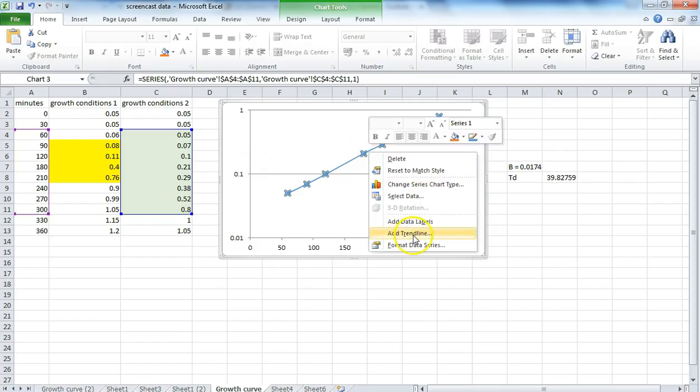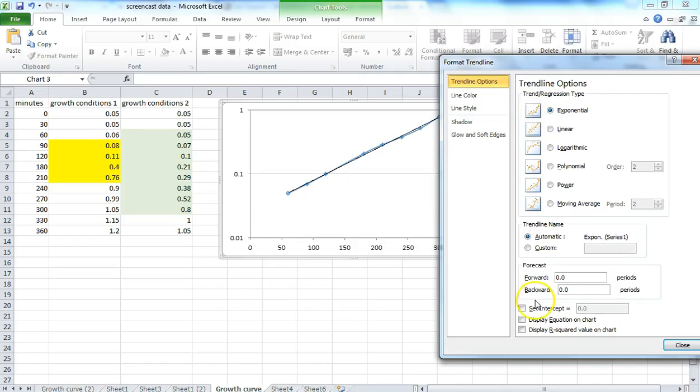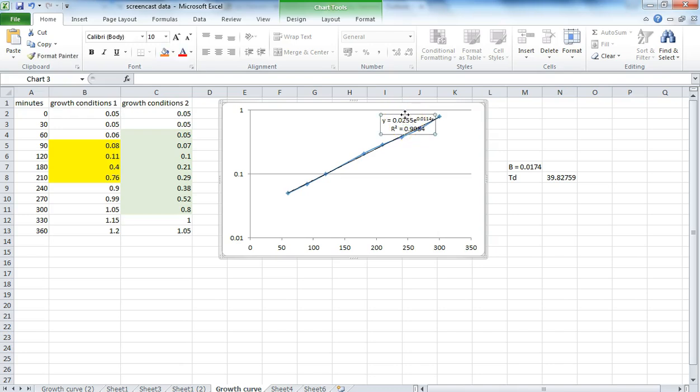Right click, add a trend line. I would like it to be an exponential trend line. Again, I would like my equation and my R, and close. Again, I'm just going to move these to where I can see them a little bit better.